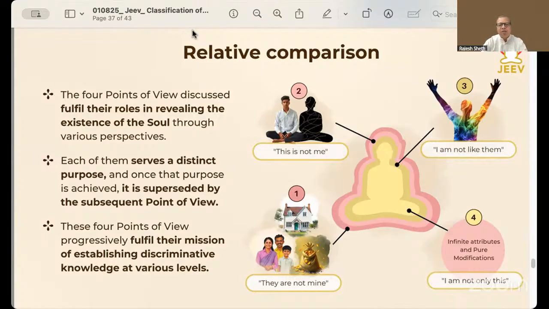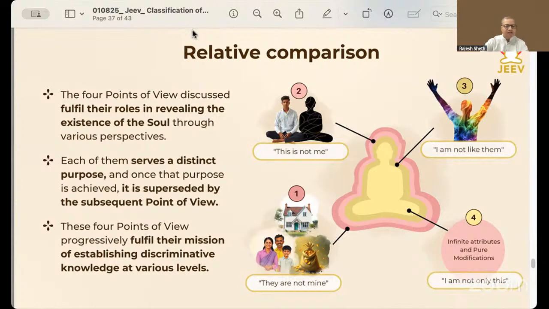Number 4 said infinite attributes and pure modifications. I am not only this. Pure modifications are also momentary, and I am not momentary. I am eternal. So number 3, I am not like them. Number 4, I am not only this.